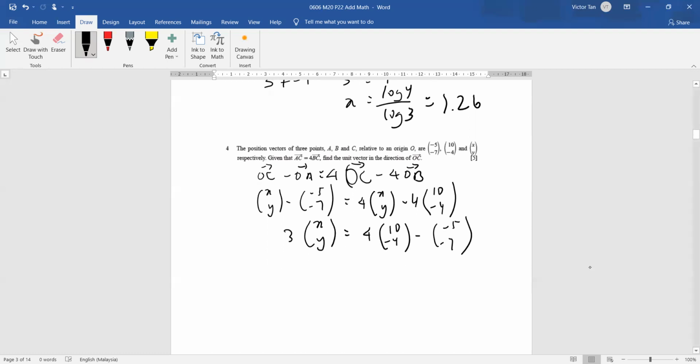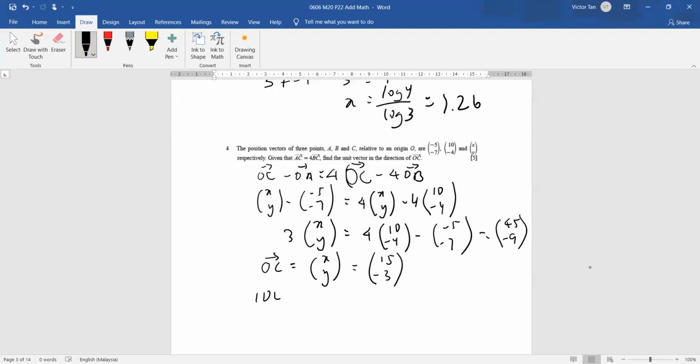So this is 4 times 10 plus 5 is 45, and 4 times minus 4 minus 16 plus 7 is minus 9. So (x, y), which is OC, equals, divide by 3, (15, minus 3).